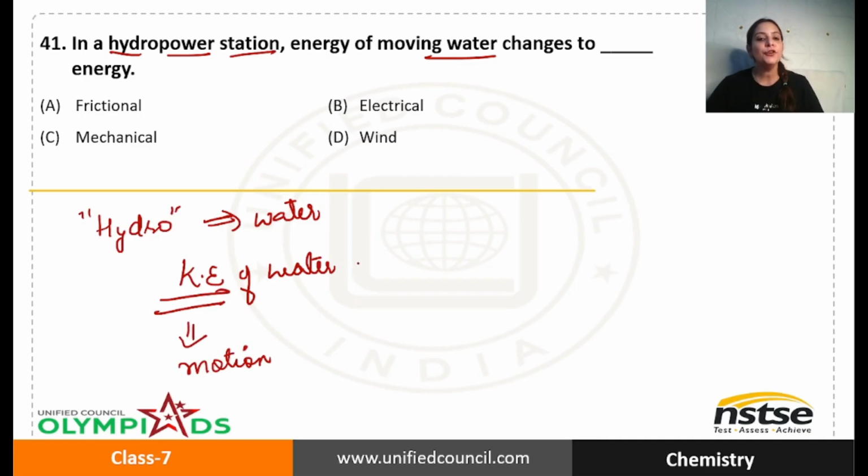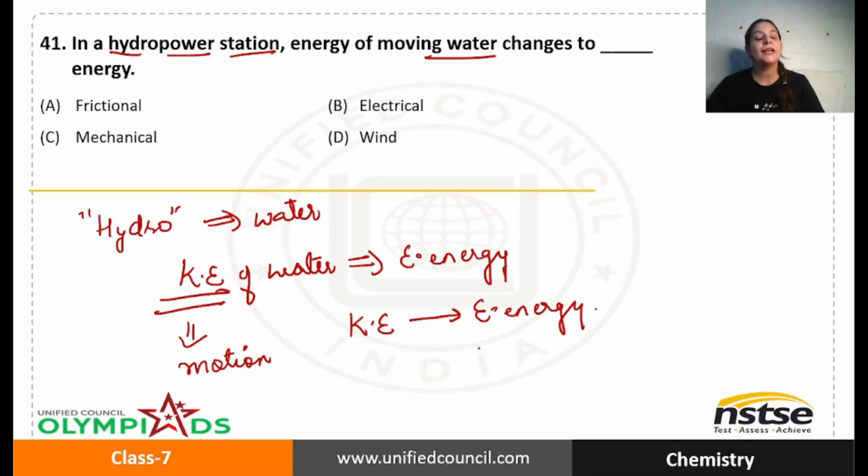So when a high stream of water falls down, it rotates the turbines, and in doing so it gets converted to electric energy. So basically, hydropower stations are concerned with the conversion of kinetic energy of water to electrical energy, and this is how the electric energy is generated.